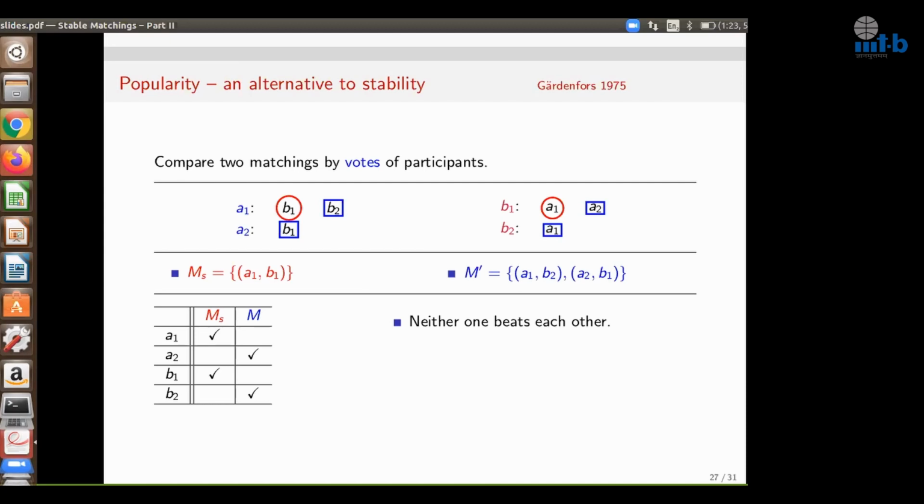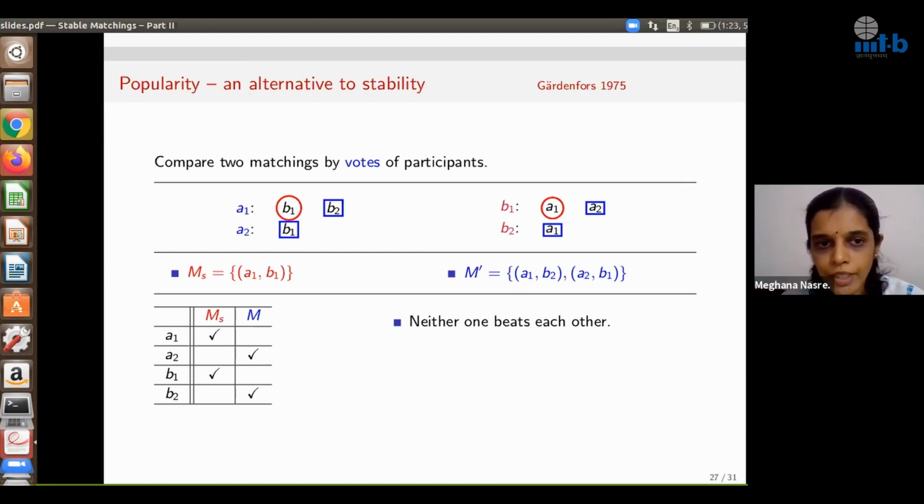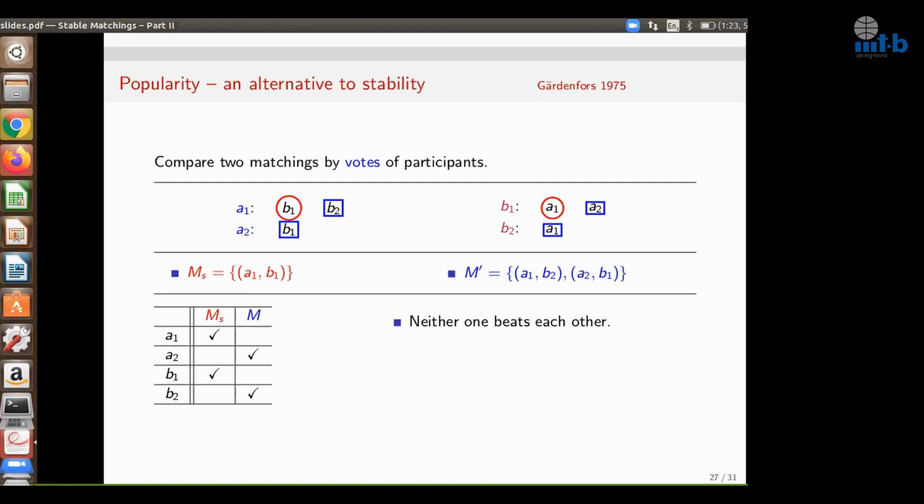So, ma'am, to break a tie between M red and M blue, all it requires is one instance of indifference, right?